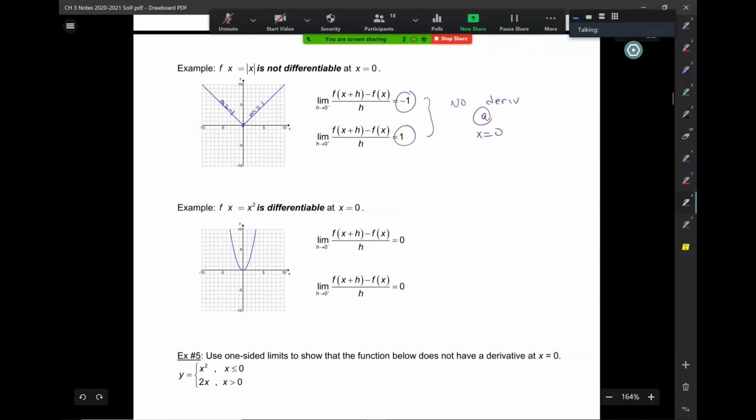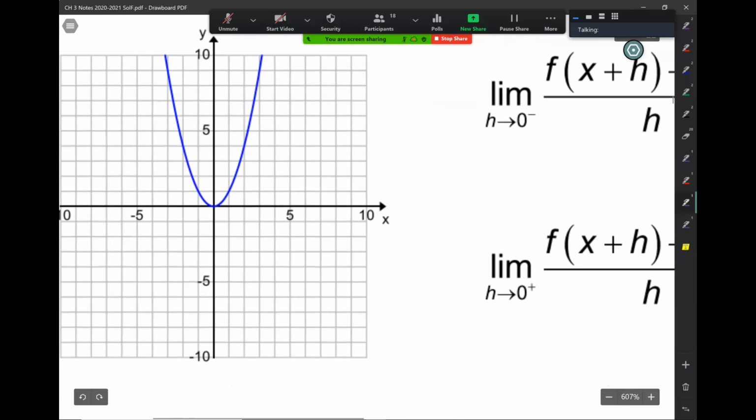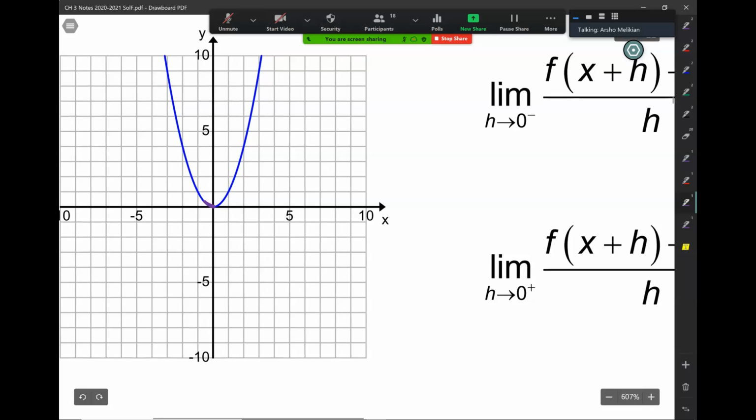All right, take a look at this one. If I find the derivative as x approaches 0 from the left-hand side, I get that the derivative is 0. If I find the derivative as x approaches 0 from the right-hand side, I get that the derivative is equal to 0.